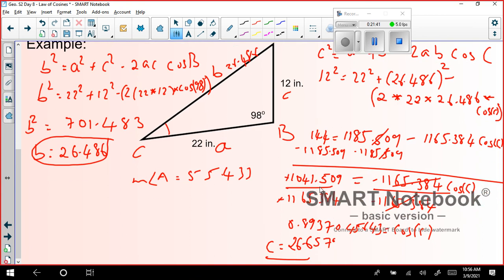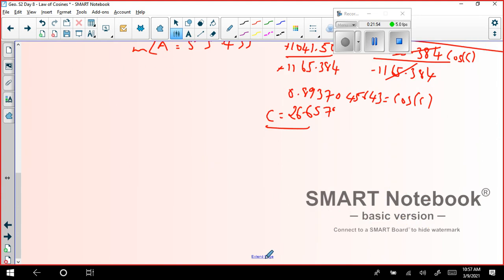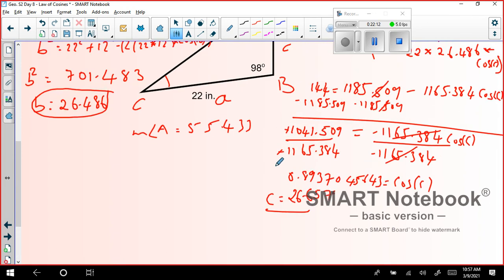You'll get negative 1041.509, and you already have here negative 1165.384. Divide on both sides and you'll get 0.8937. I'm keeping all the decimals here. That equals cos C. Then taking cos inverse of this number, I get C equals 26.57 degrees.